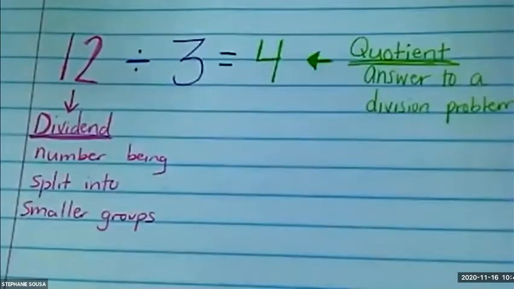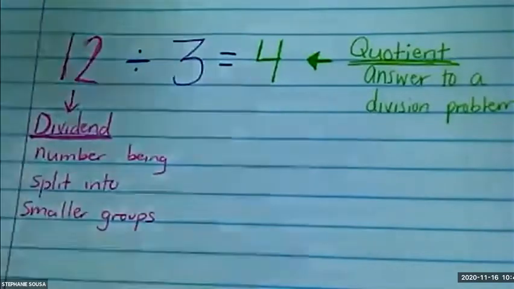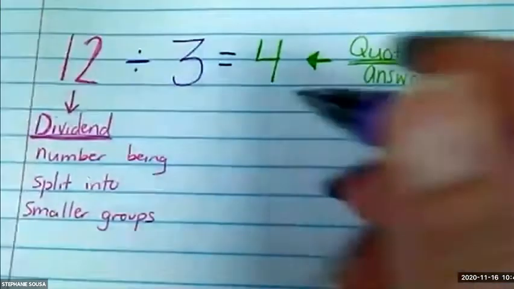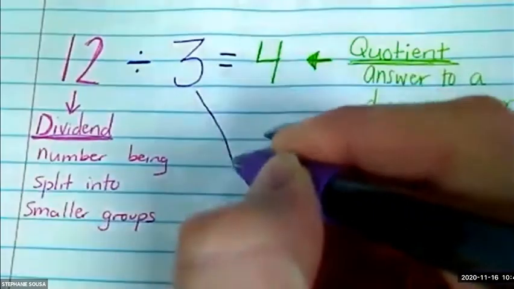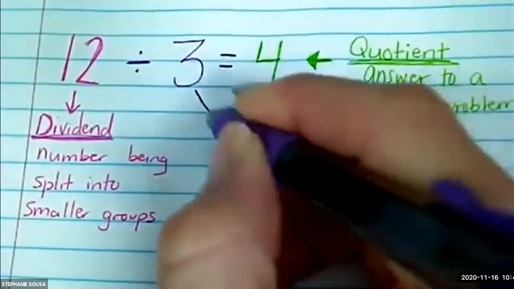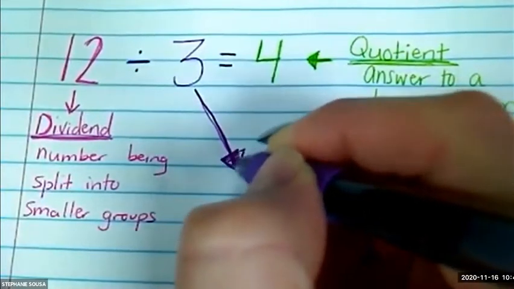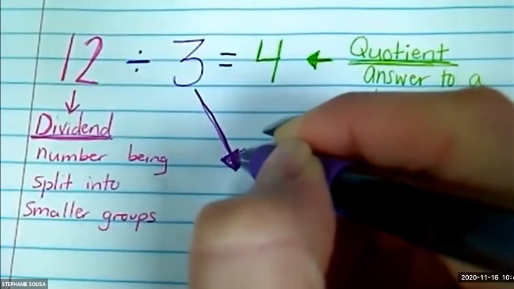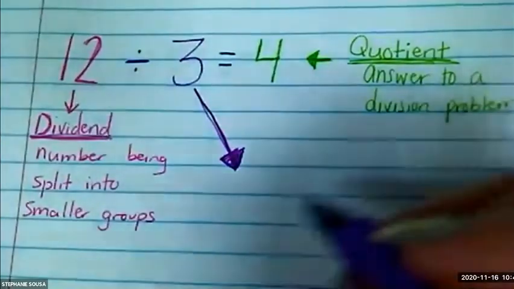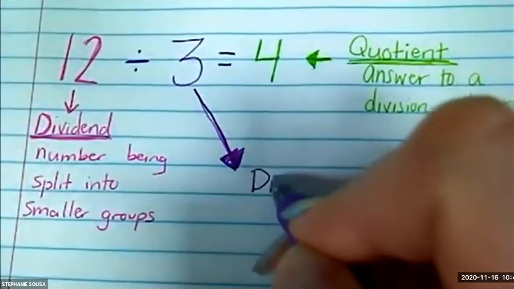Our last number is a divisor, and that is the middle number inside of an equation. I'm going to kind of draw an arrow off to the side here so that I have enough room. So you can do the same thing wherever it is that you have room inside of your notes. That's fine. So again, this is called the divisor.